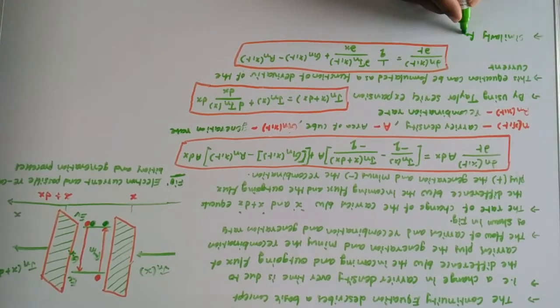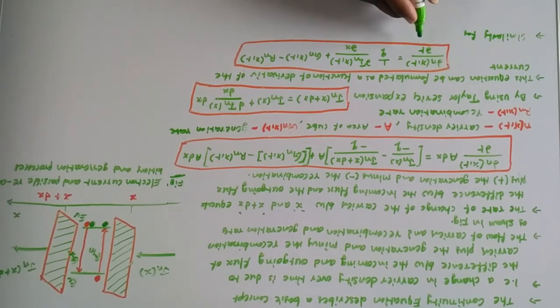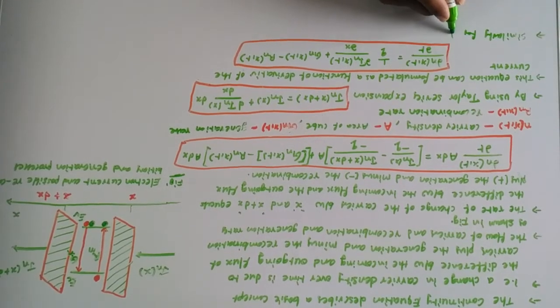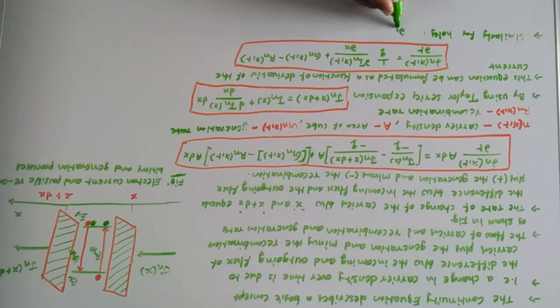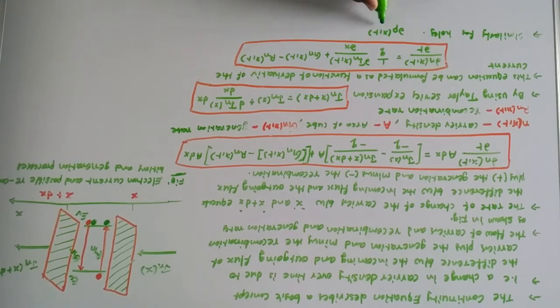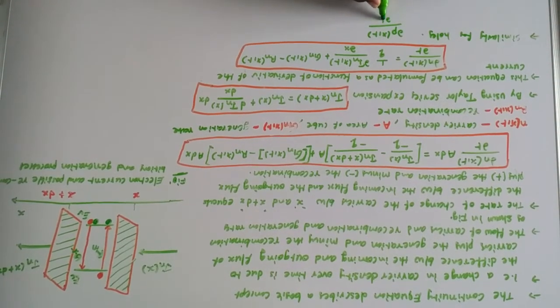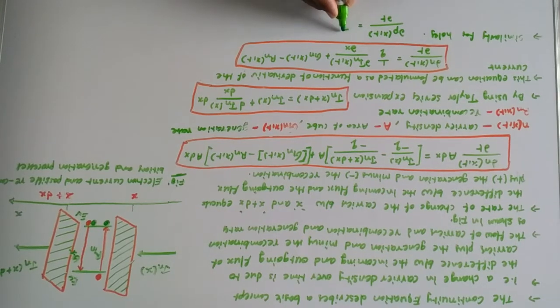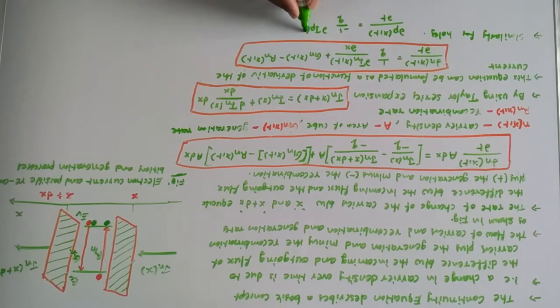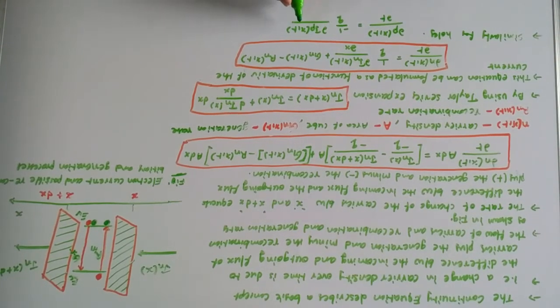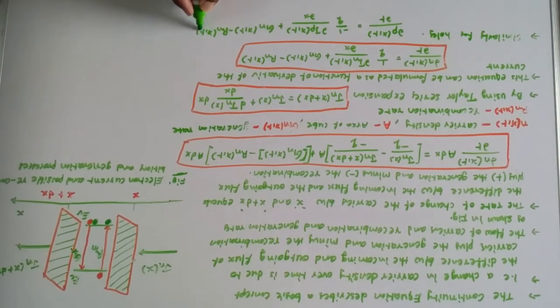Similarly for holes, dou p(x,t) divided by dou t equals minus 1 by q, dou Jp(x,t) divided by dou x, plus Gp(x,t) minus Rp(x,t).